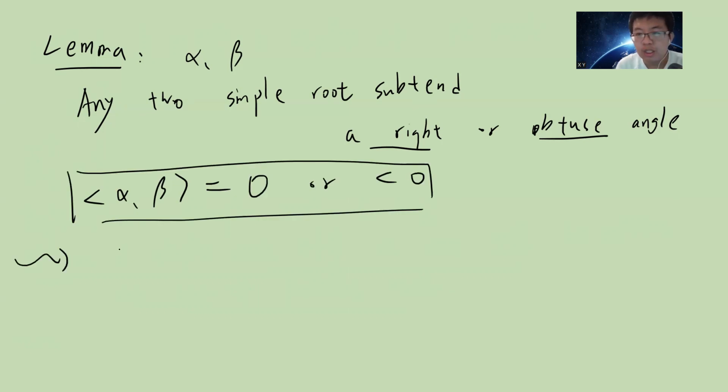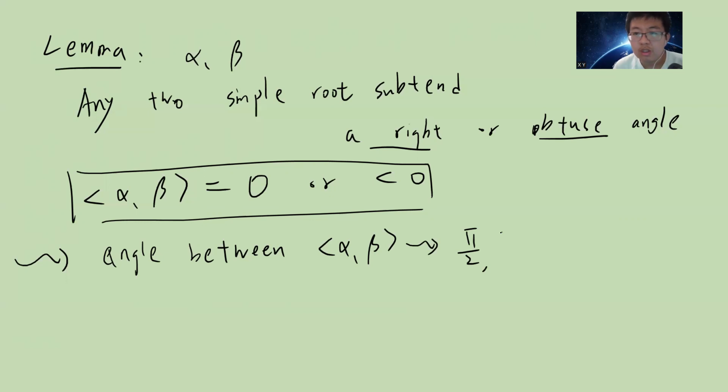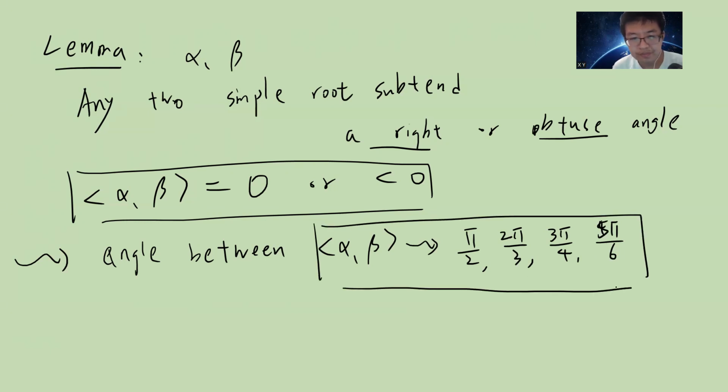Or just simply say that the angle between alpha and beta must be either pi over 2, 2 pi divided by 3, 3 pi divided by 4, or 5 pi divided by 6. These are all possible cases. By the way, pi is not allowed, right? Because if beta is negative alpha, then they are not simple roots.